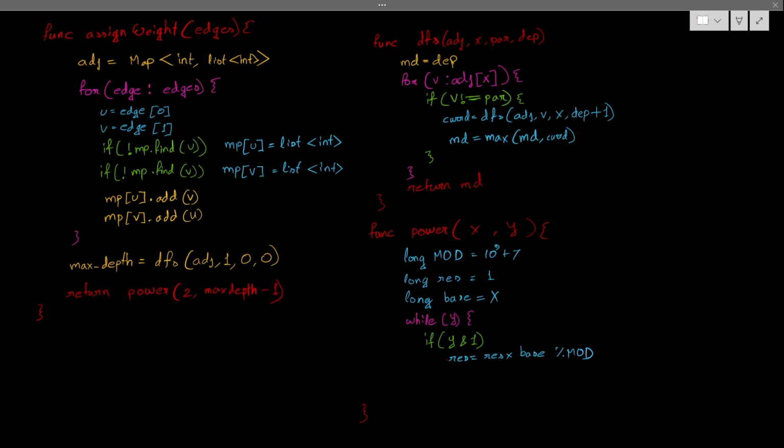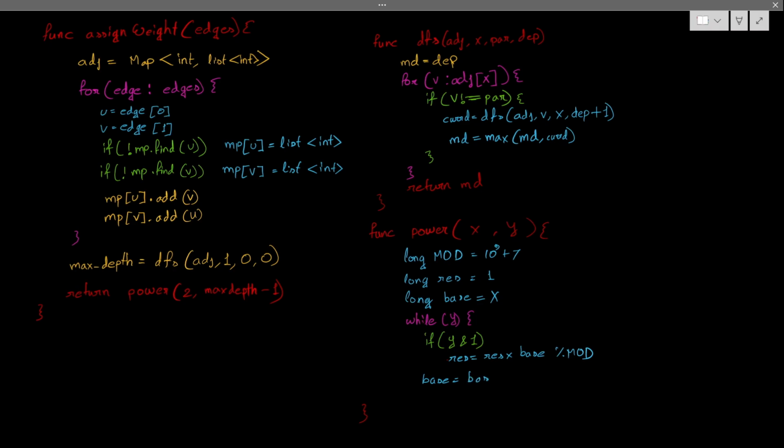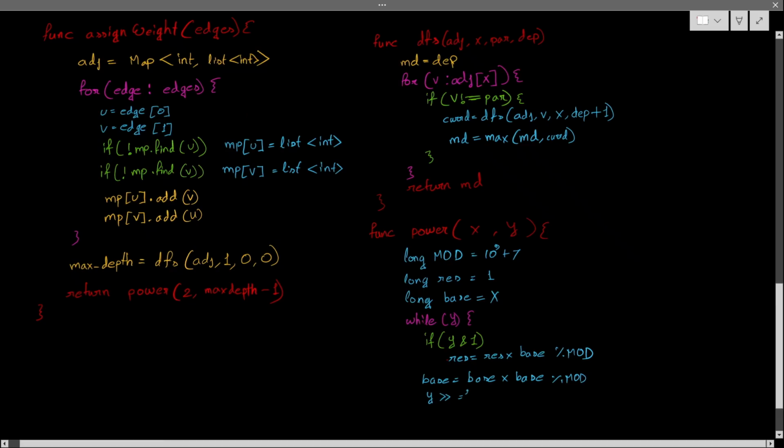After that we reassign the base: base becomes base times base modulo mod. Then I shift y right by one digit, and this is the end.